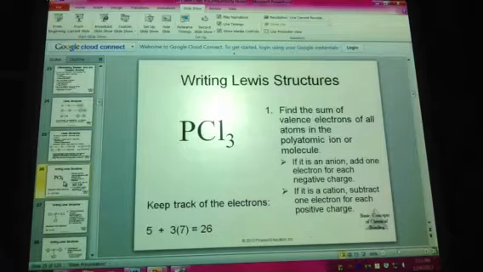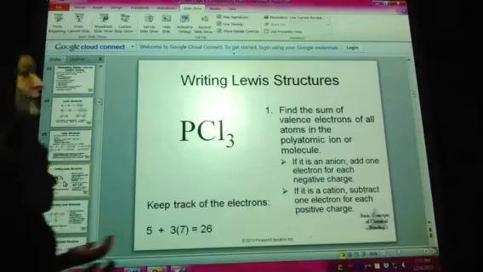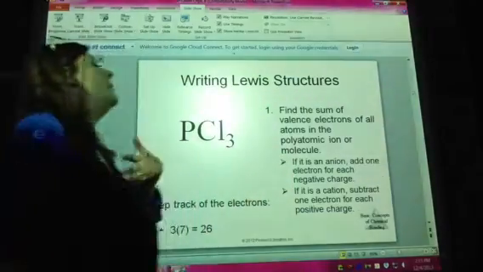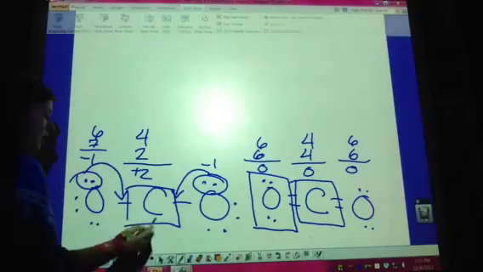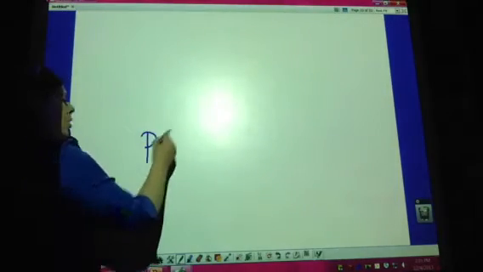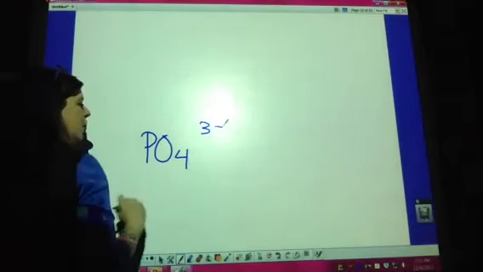Okay, so starting with rules for drawing Lewis structures. First thing, sum up all of the valence electrons in the atom. If it's given a charge, if it's an anion, I'm going to add an electron for each negative charge. For example, we had PO4, and that has a -3 charge.